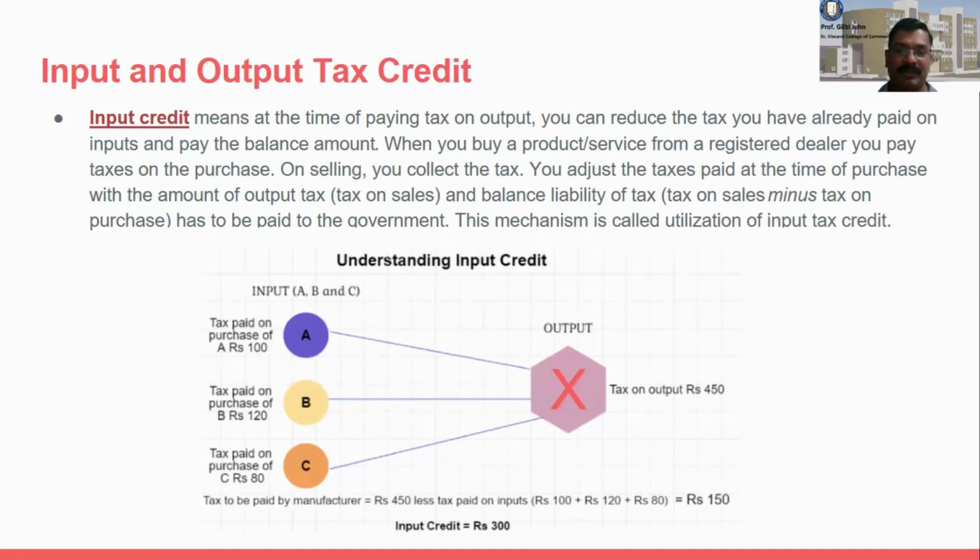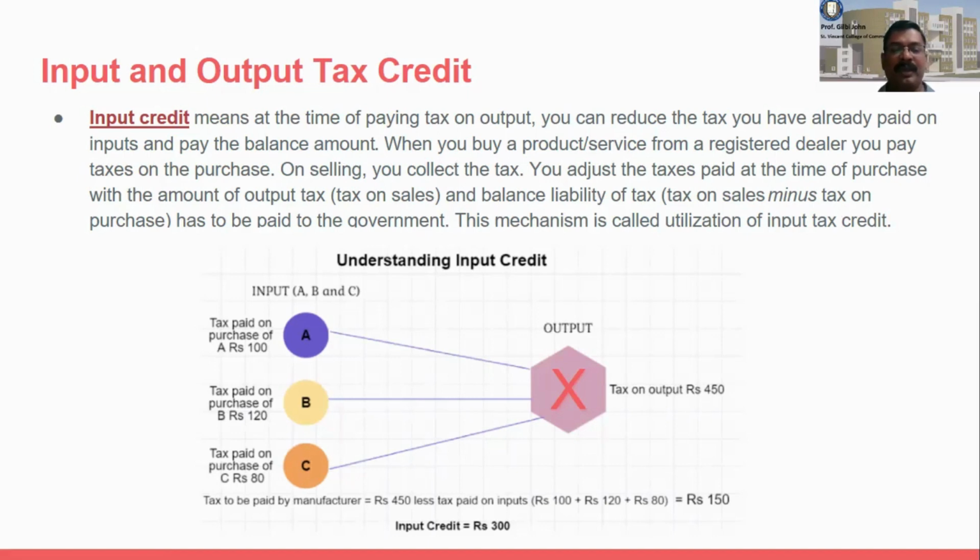Let's take an example. In order to produce a product X, I need materials A, B, and C. When I buy material A, I pay a tax of 100. When I buy material B, I pay a tax of 120.